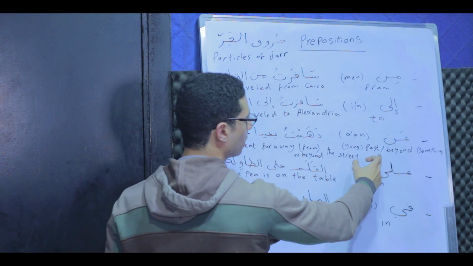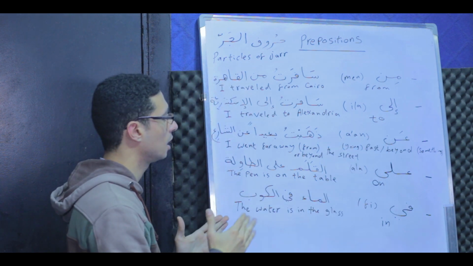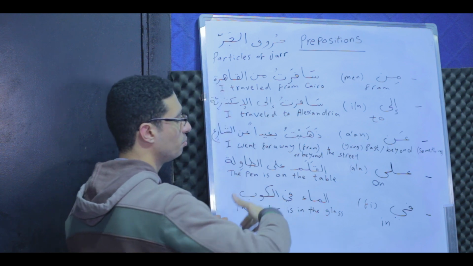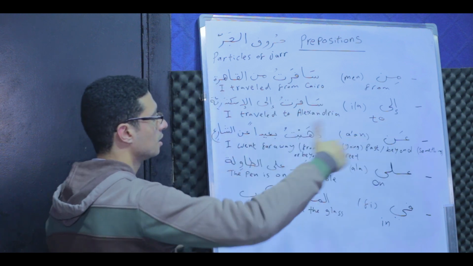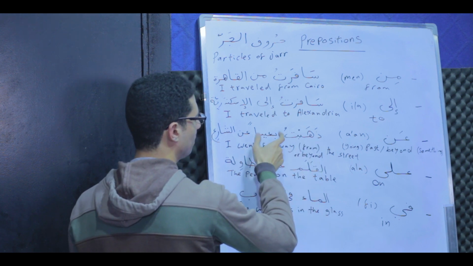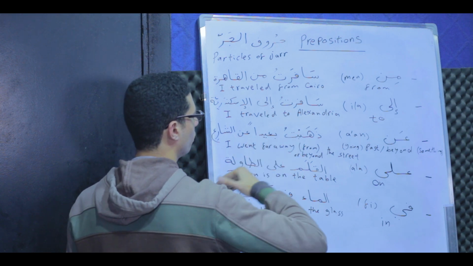Okay, the next one is an. An is used to express going beyond something or past something. So here, ذهبت بعيدا. بعيدا means far away from something or someone, far away.